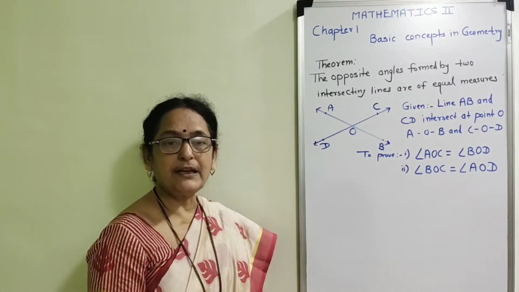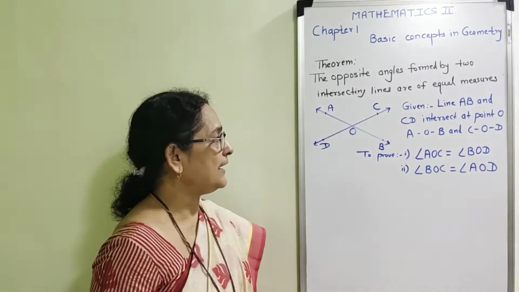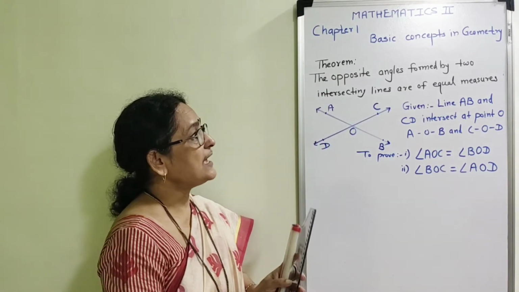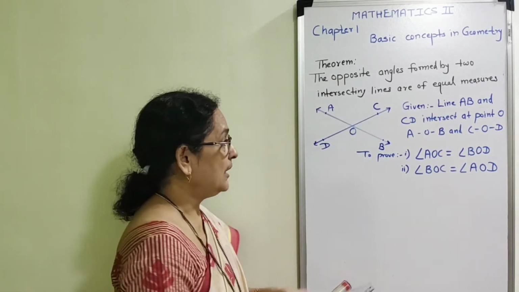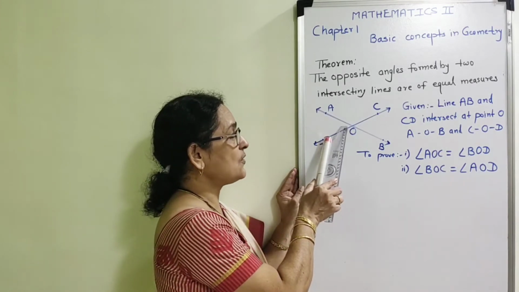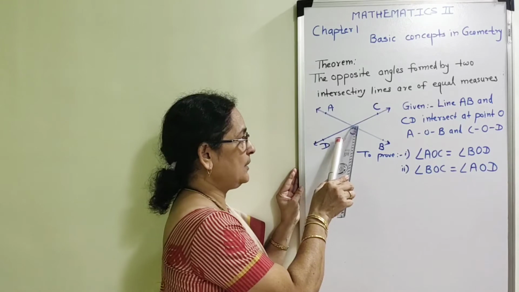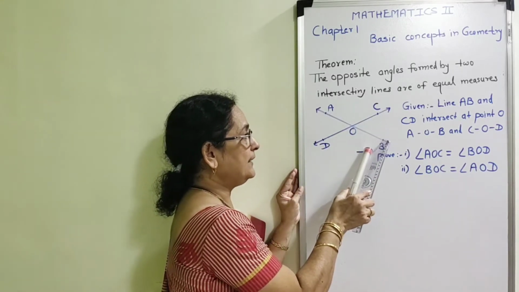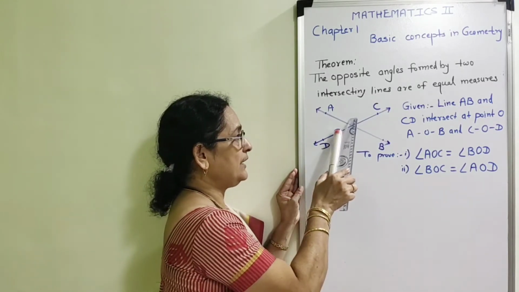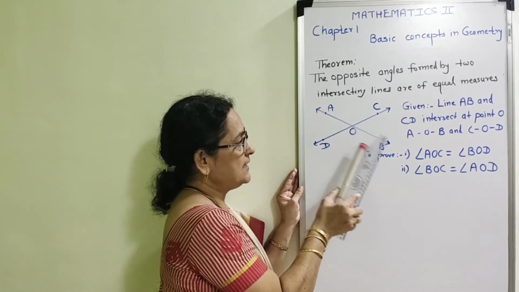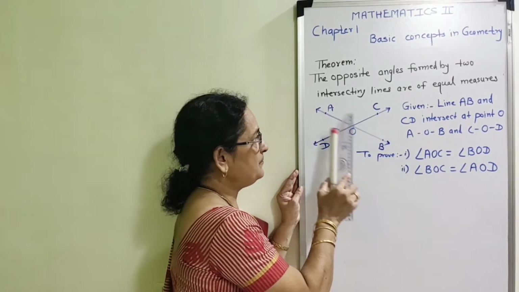Now, in the given theorem they have said that the opposite angles are equal. There are two pairs of opposite angles. The first pair is angle AOC and angle BOD. These two angles are said to be opposite angles.